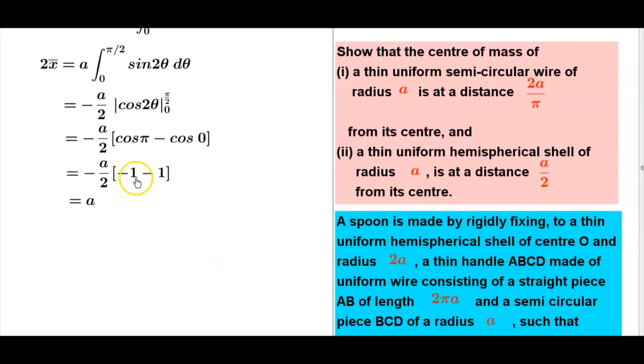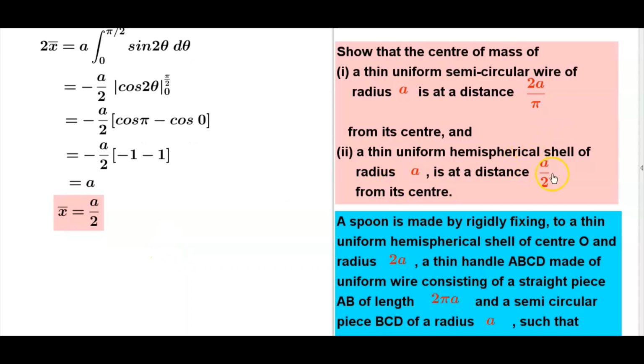This gives minus 1, minus 1, minus 2; minus into minus, plus 2 cancel, therefore x bar is a by 2. A thin uniform hemispherical shell of radius a has its center of mass at a distance a by 2 from its center. A by 2, we proved it.